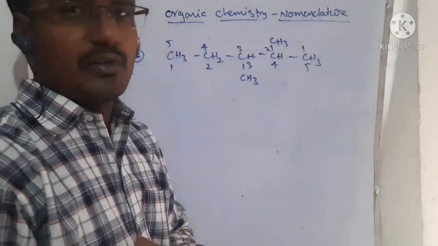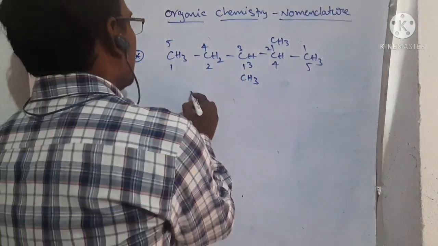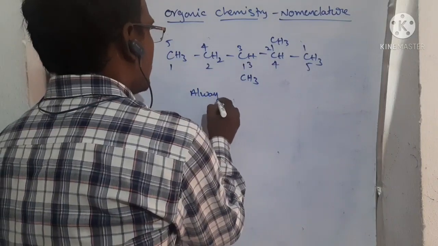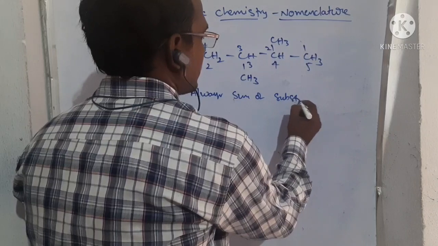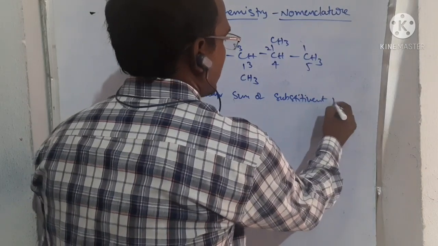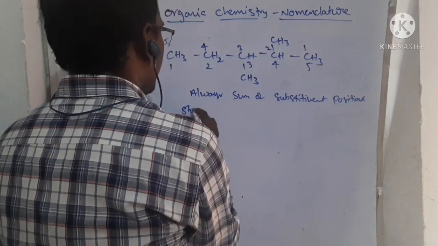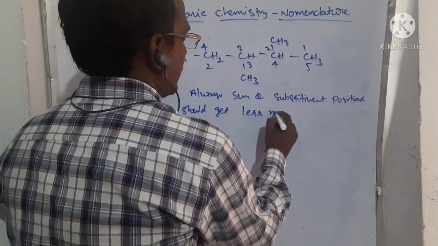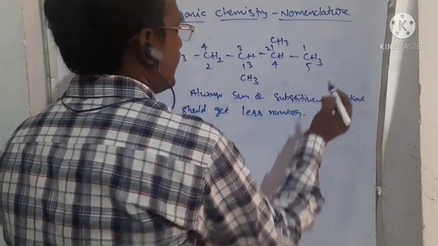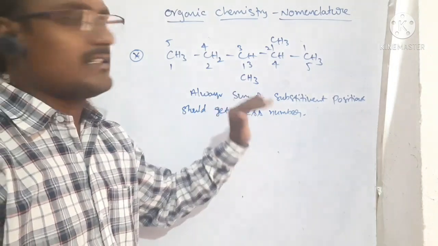If two substituents are there, either the same or different, always the sum of substituent positions should get the lesser number. So we will look at that the substituent positions get the lesser number.